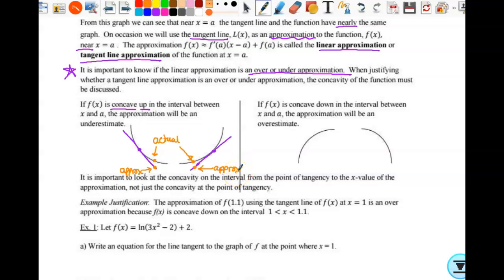So do you see how the approximate value is going to be less than the actual value when we're talking about y values, right? It's underneath because it's concave up. So what this means for us is that if it is concave up, the tangent line lies below the graph.